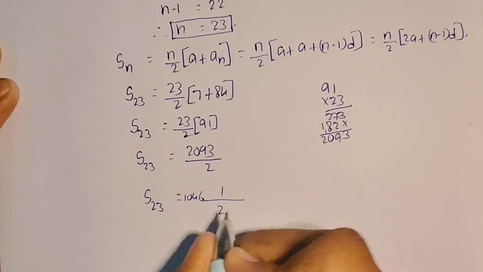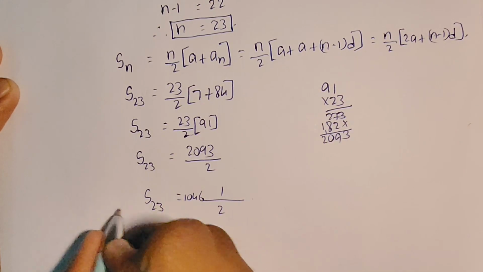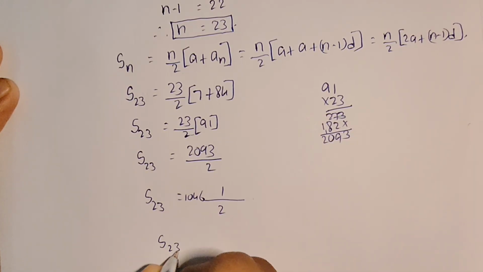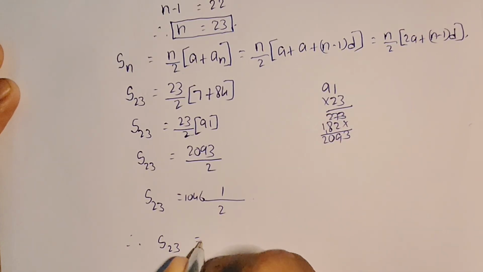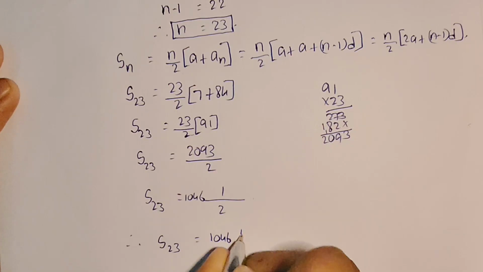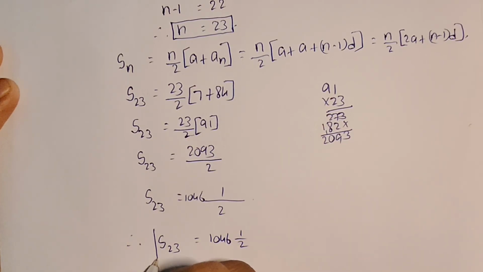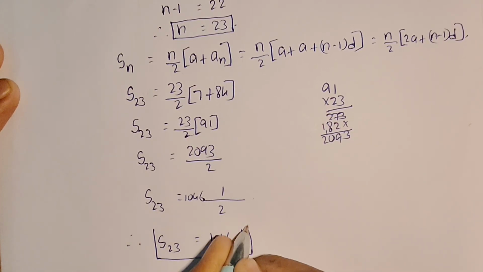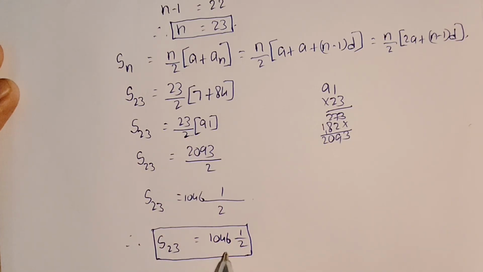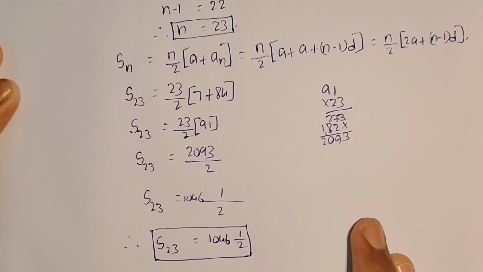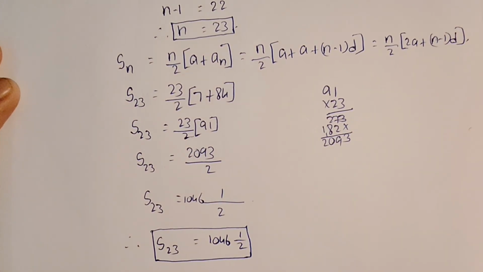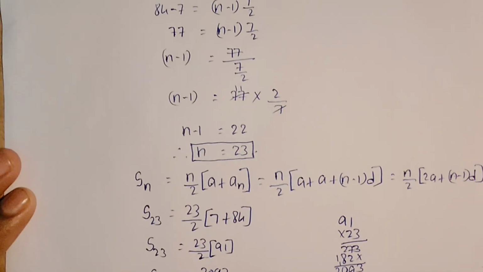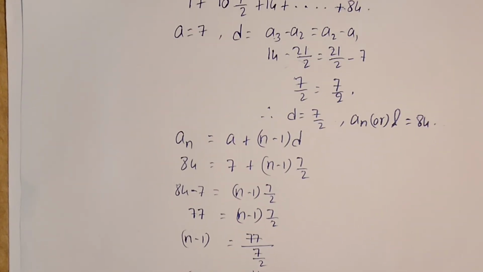So it remains 1, so I am writing 1 here. Therefore S base 23 is equal to 1046 and a half. The sum of 23 terms is 1046 and a half. So we have completed the first question in this exercise. Now let's go to the second question.